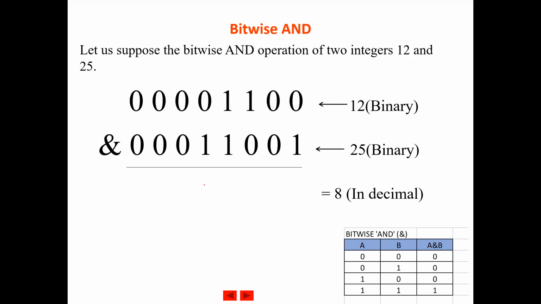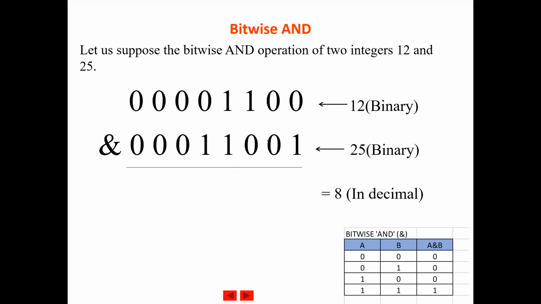So now we will consider the bitwise AND operation between 12 and 25. Got it? In the bitwise AND operation, we are going to consider the binary form of 12 and 25. We can't represent it in 4 bits, so we are using 8 bits, both as 8 bits. For 12, the corresponding binary representation is this, right?